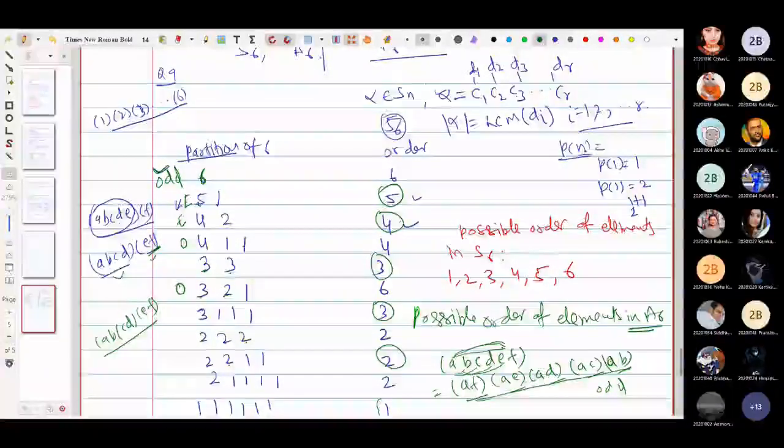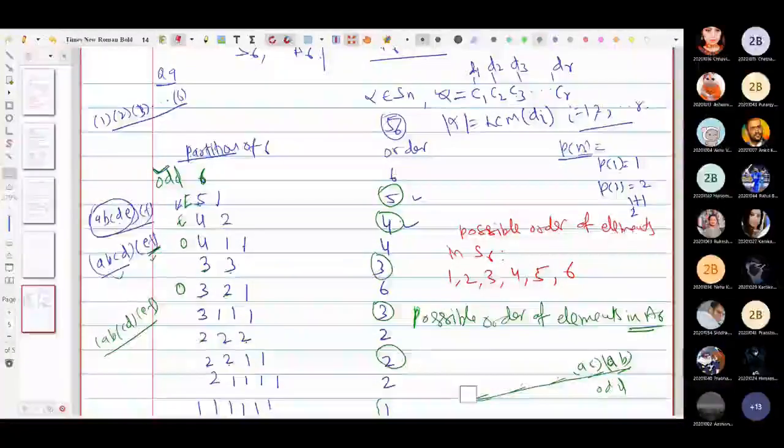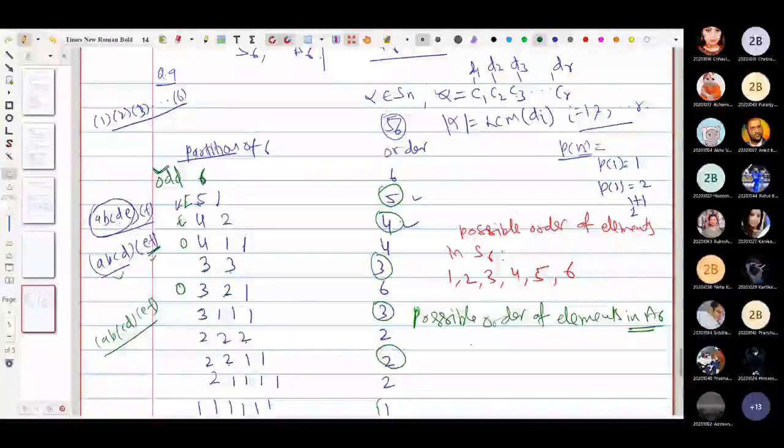Okay, so possible orders of elements in A6 are, let us see the green circled portion. So we have 1, we have 2, we have 3, we have 4, we have 5. Okay, so these are the possible orders of elements in A6.